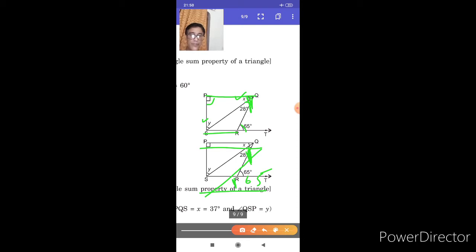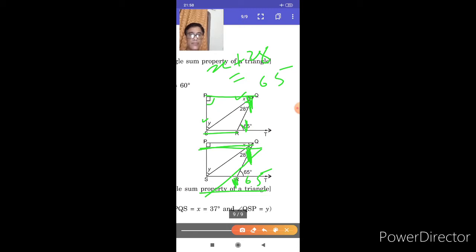So x plus 28 and 65, these are alternate angles, and if they are alternate angles, both are equal, since PQ and SR are parallel and this one is the transversal.